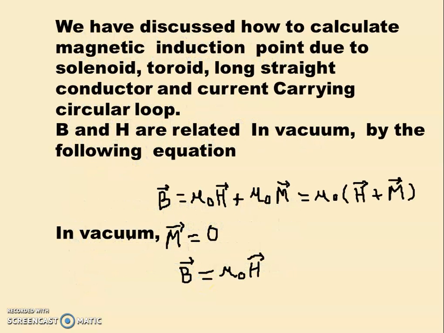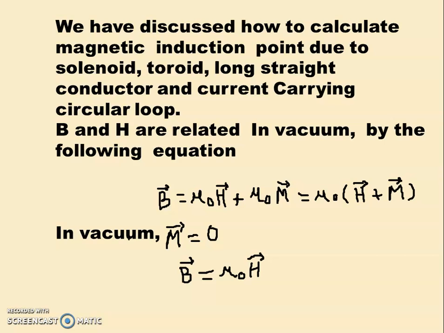We know it. We have discussed how to calculate the magnetic induction at a point due to the solenoid, toroid, long straight conductor, and current carrying circular loop in the previous chapter.